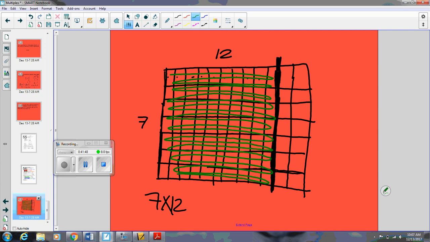Now 10 by 6 might be what you have if you drew your array wrong. It's 10 by 7, because this little bit right here, Lucy, is 10, and this right here is 7. So my green array is 7 by 10.